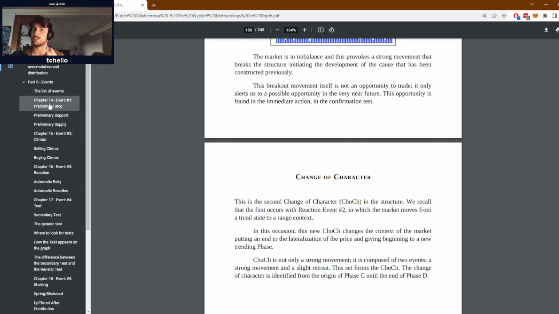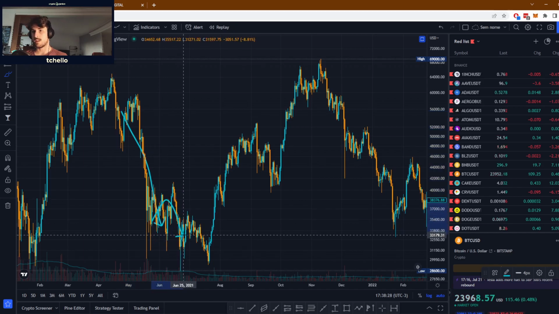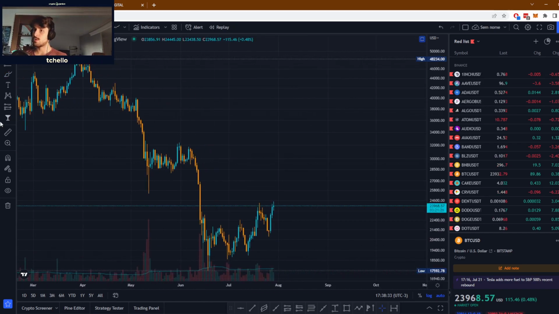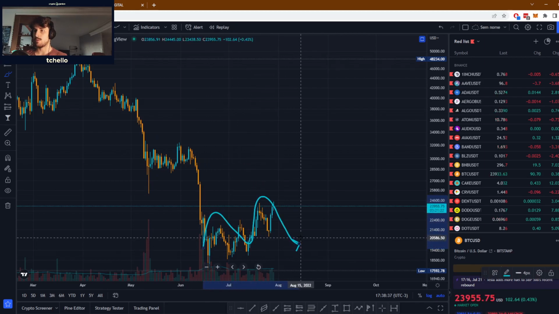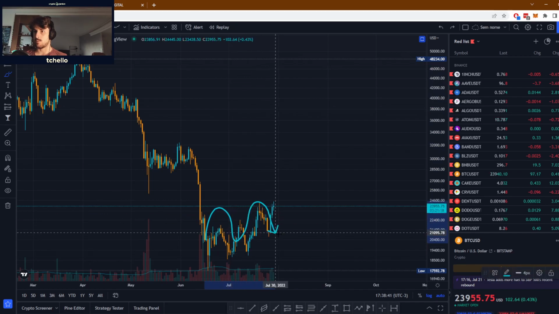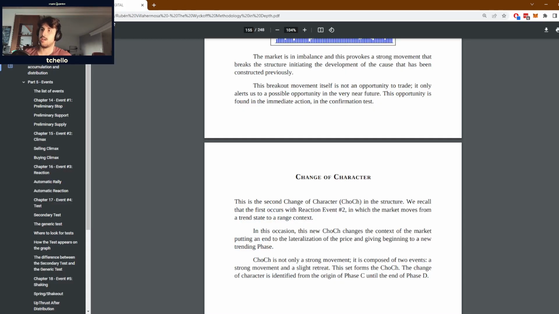So the preliminary stop is essentially a change of character because it changes from the character of going down to going sideways, right? And in the breakout, what we see is that it stops going sideways to take some direction. So for example, it could stop going sideways here to go up, or it could stop going sideways here to go down. So that's what the Wyckoff breakout is.